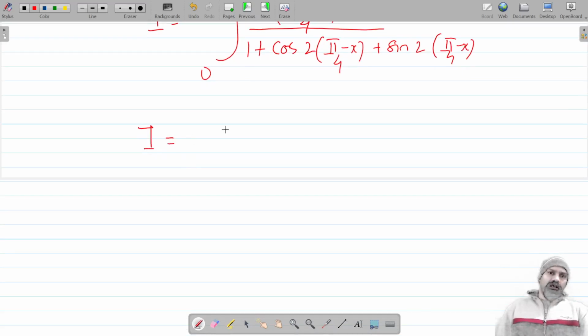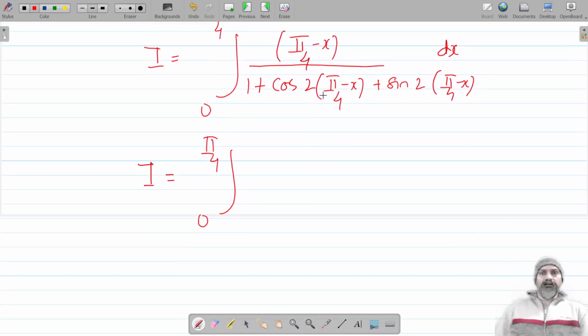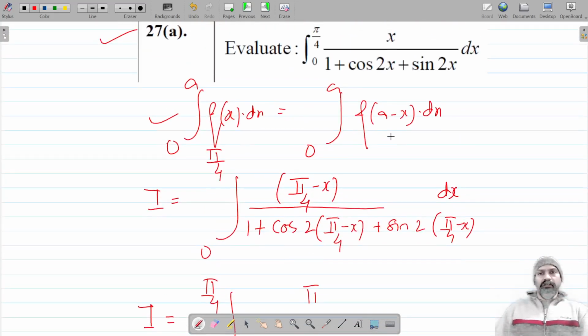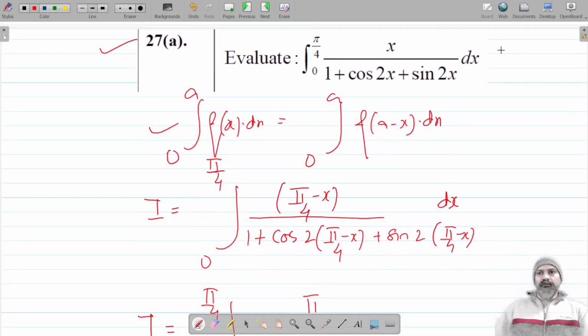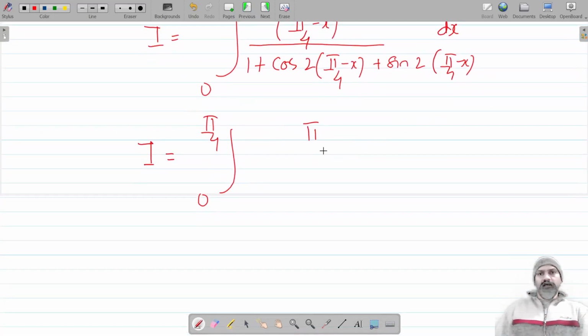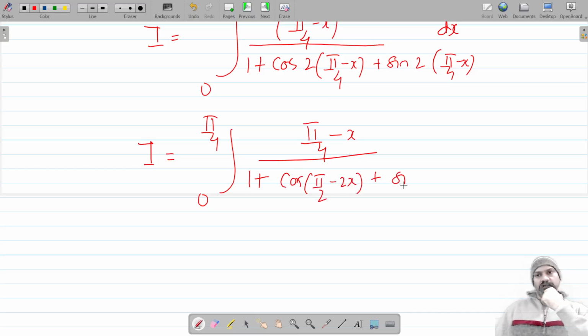Okay, so finally I is equal to integration 0 to pi by 4, and let's say this is equation 1. So I is equal to this, pi by 4 minus x over 1 plus cos 2 into pi by 4 minus x, which becomes cos of pi by 2 minus 2x, plus sine of pi by 2 minus 2x.